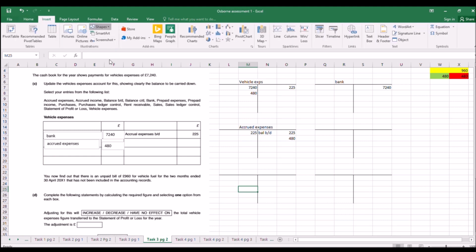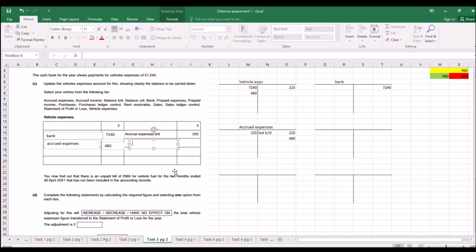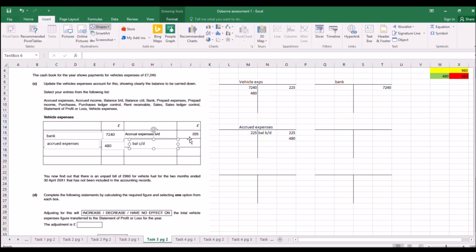And then let's put in our balance carried down here, which is going to be the net position there. Let's work out what our balance carried down figure is.